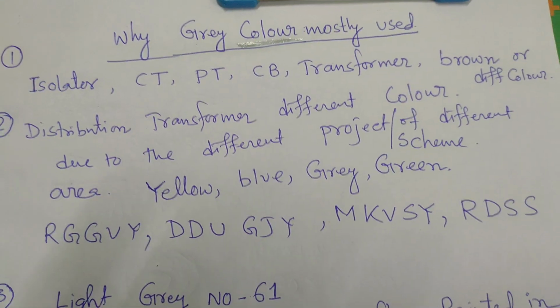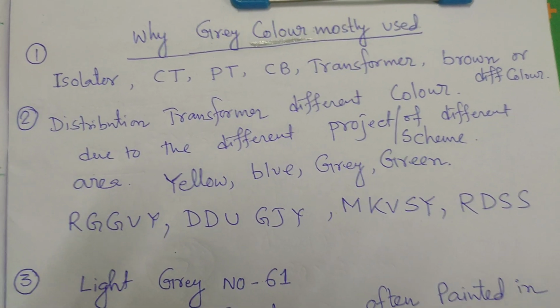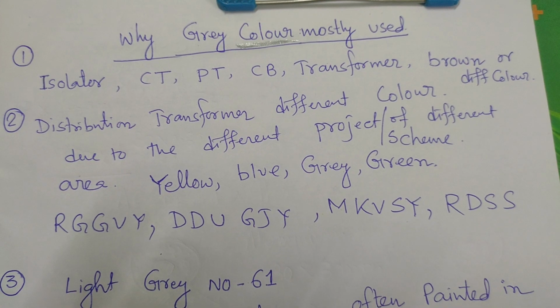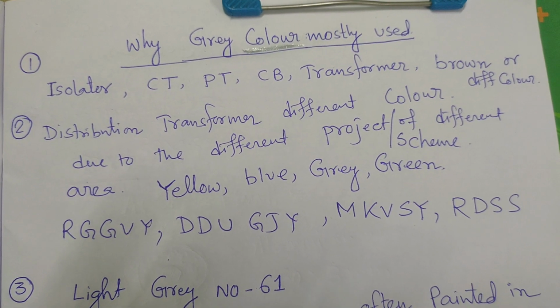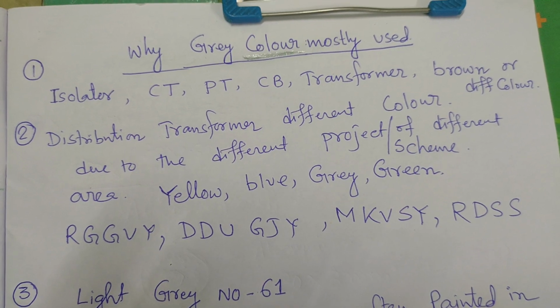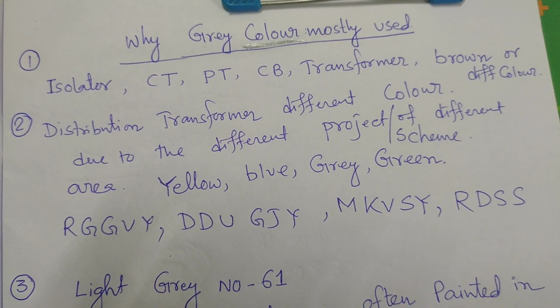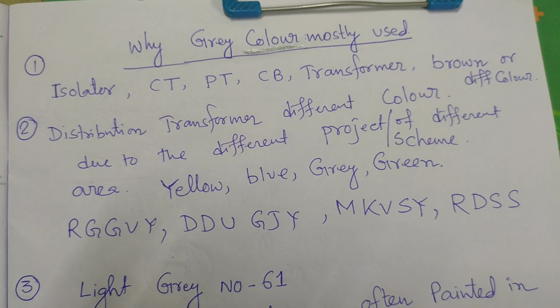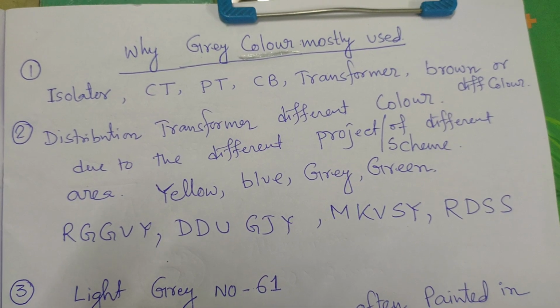So today's topic is most interesting and very important, related to the power sector, substations, and also transmission and distribution. The topic is the equipment color of the substation and power plant. What is the code of color?